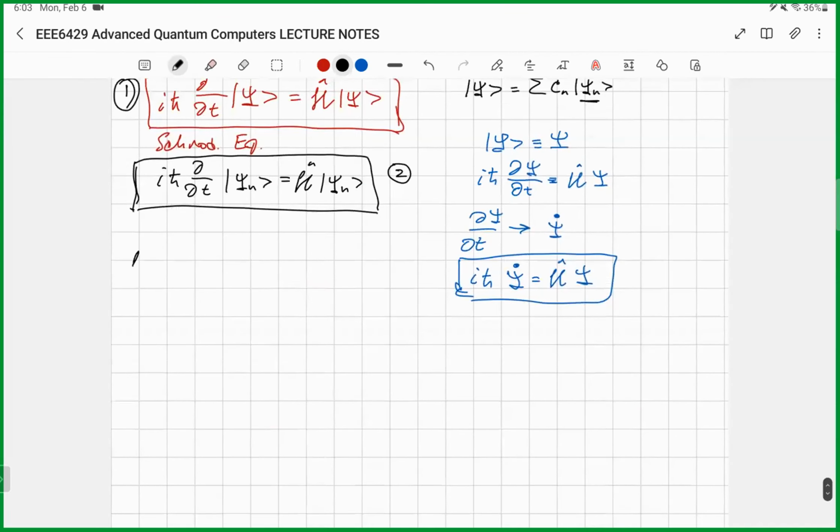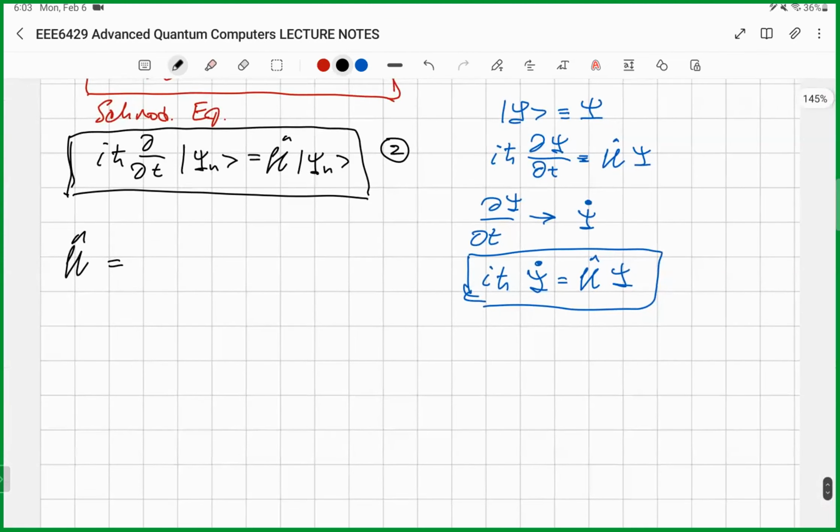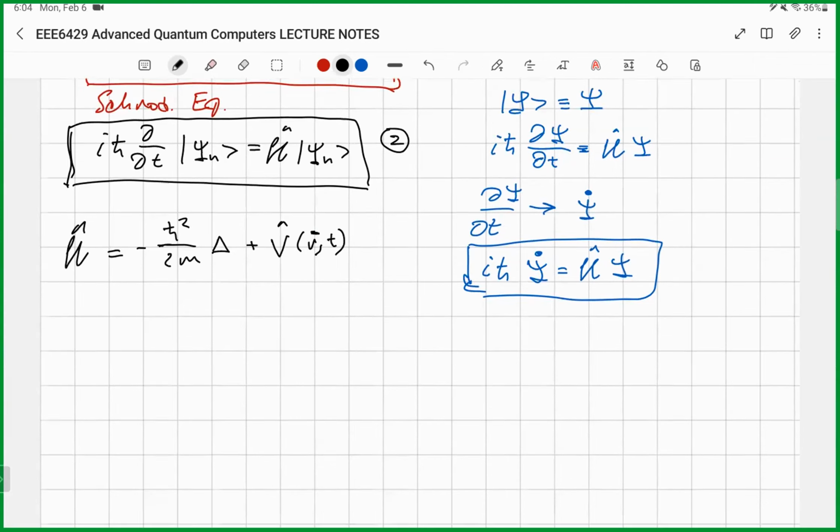So substitute this Hamiltonian for minus h bar squared over 2m Laplacian, right, and then plus the potential energy V. It can depend on coordinate and time in general case.